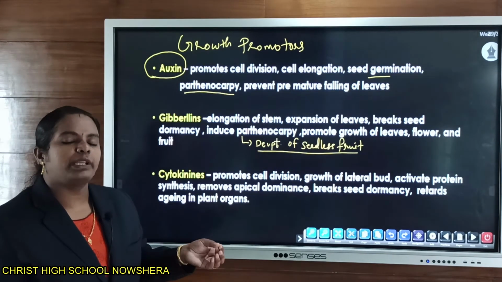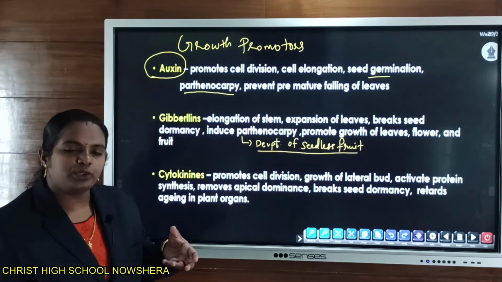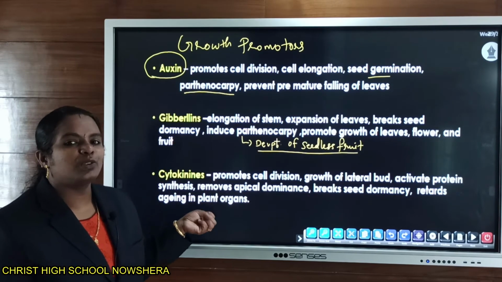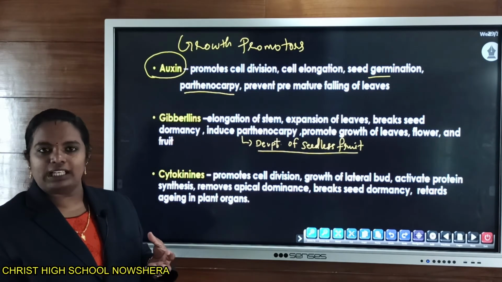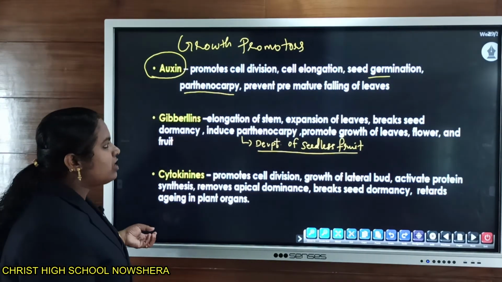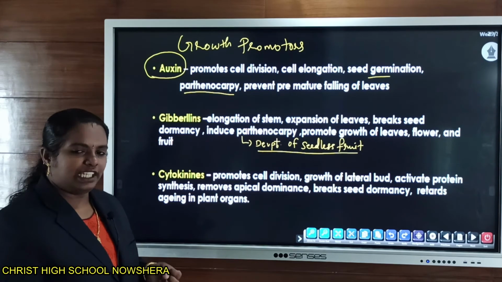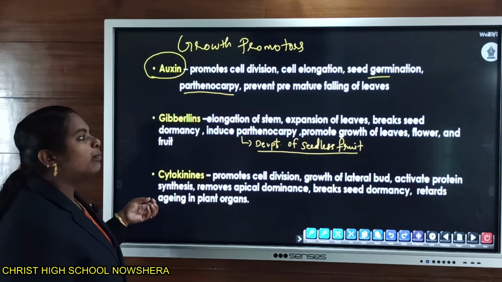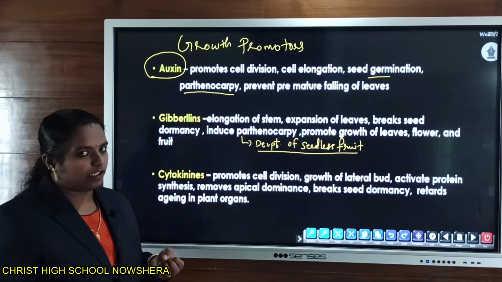So due to premature falling of leaves, what will happen to the plant body? The process of photosynthesis, or absorption by chlorophyll, is totally affected. So auxins prevent such premature falling of leaves. If we prevent the premature falling of leaves, more growth will be there in the plant's body.